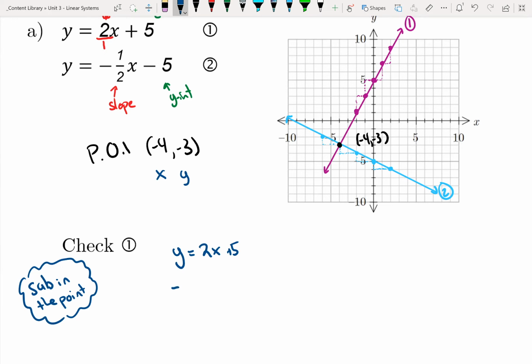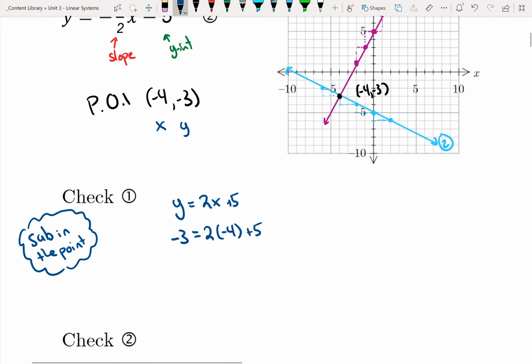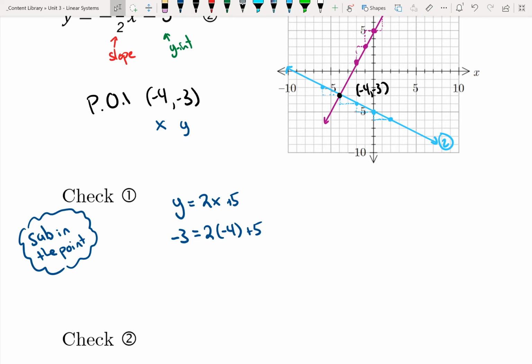So my y becomes negative 3, 2 times x becomes 2 times negative 4, and then plus 5 stays the same. Now I solve the left side and the right side. The left side stays negative 3. On the right, 2 times negative 4 is negative 8, plus 5. Negative 8 plus 5 is negative 3.